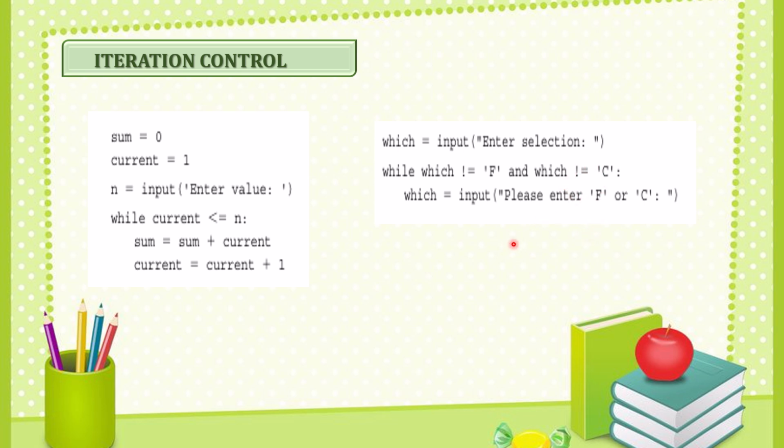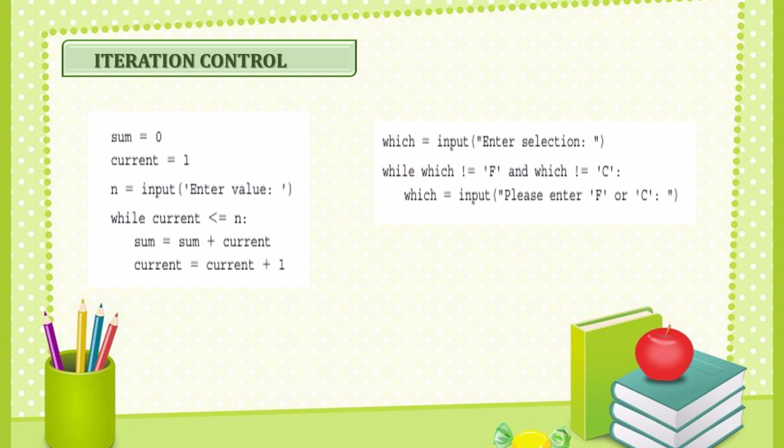So with these two values, if we have given any other values, this loop will not terminate. So this will be continuously going on. That is given as an example for an indefinite loop, and this was a definite loop. Here we can determine how many times the loop will be executed, but here we can't determine how many times we can give alphabets other than f and c.